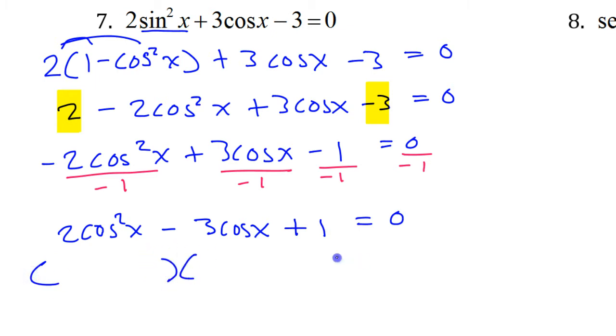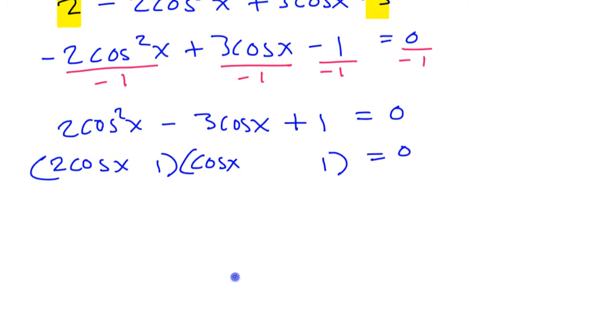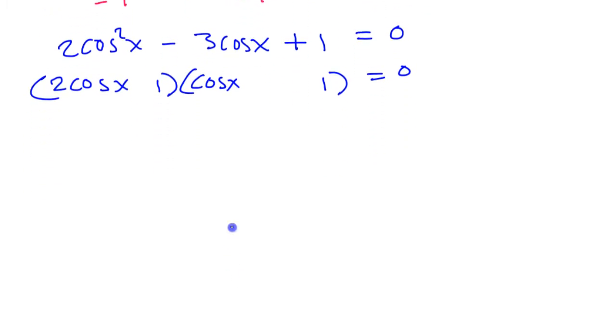So let's go for a binomial times a binomial. 2 cosine squared x can only factor as 2 cosine x times cosine x. 1 can only factor as 1 times 1. Inner plus outer must equal middle. Inner, I have 1 cosine x.